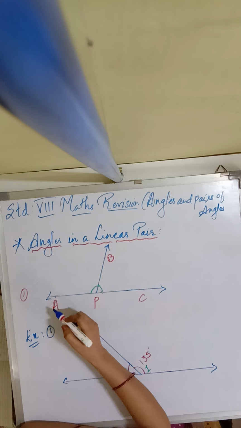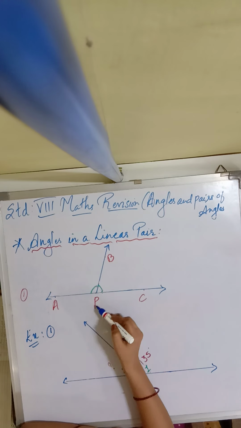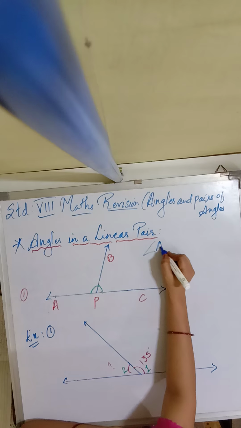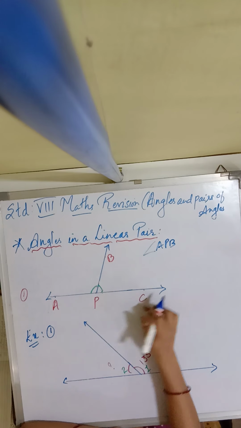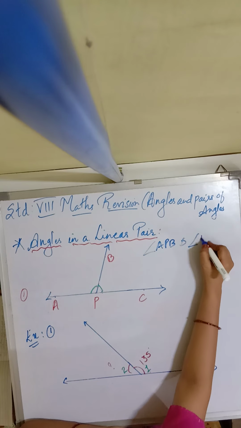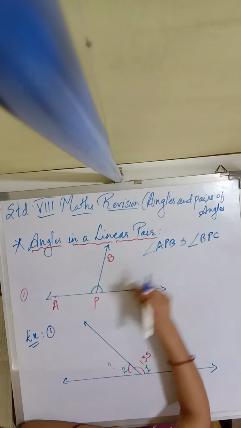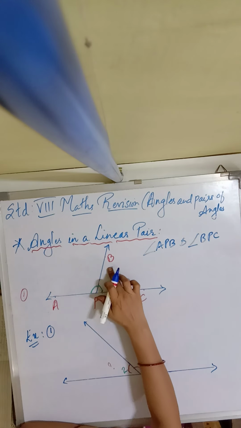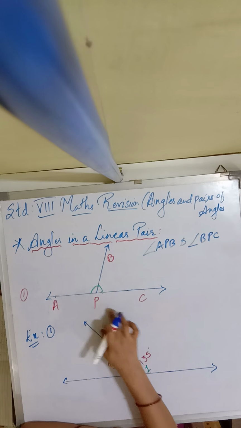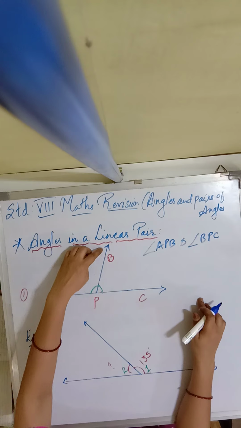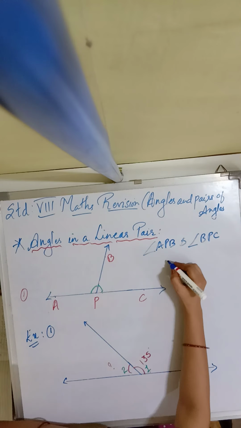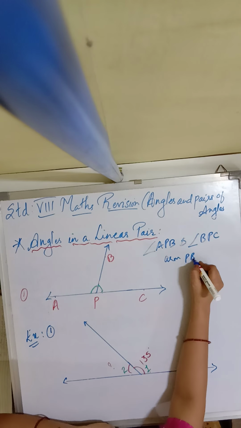Now for example, see here children, angle APB and angle BPC. They have one common arm. Which arm is common children? Arm PB is common.